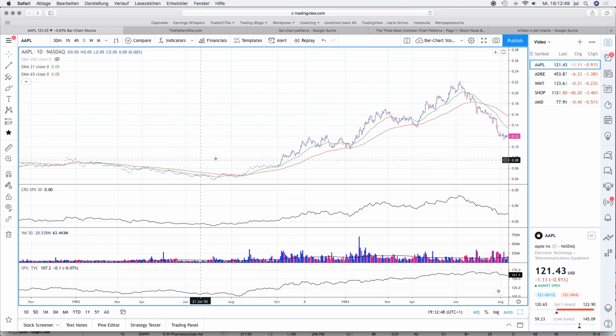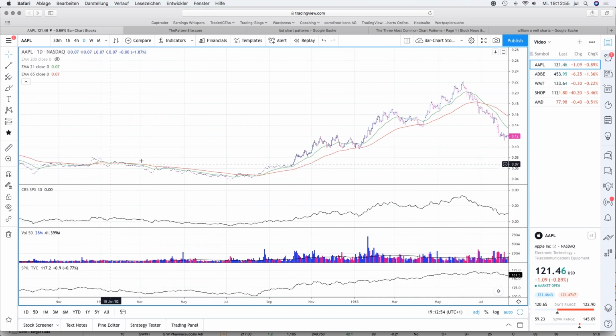And the reason is very simple. TradingView does not provide any data here in the 1980s. There are some other chart softwares which have access to very early data. But in the case of Apple, you can see that it starts in 82.